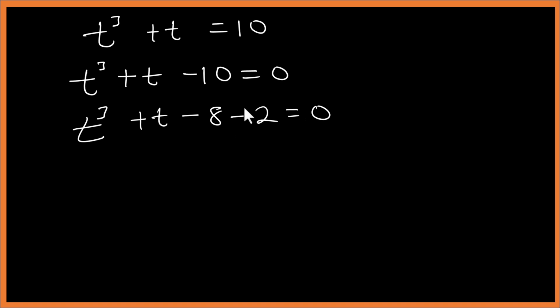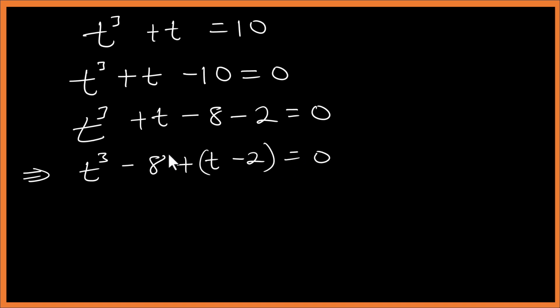So minus 8 minus 2 is minus 10, so I've done nothing. So I can say t cube minus 8 plus t minus 2 is equal to 0.